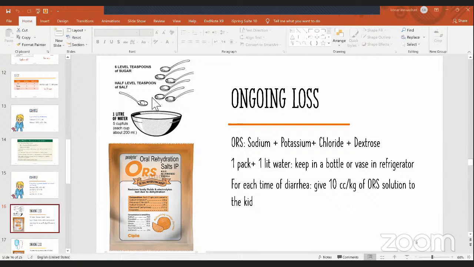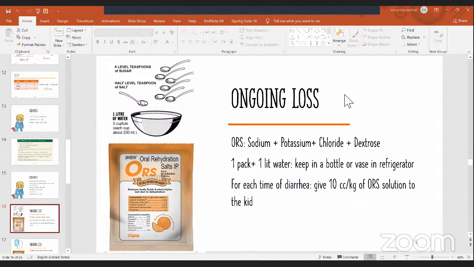You can add 6 level teaspoons, excuse me, of sugar, and a half level teaspoon of salt to 1 liter of water, okay? The solution that you will have is just like the solution that I described before, okay? Because that's what ORS contains, salt and glucose and water, okay?